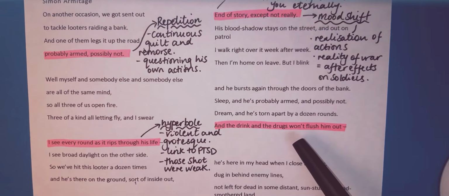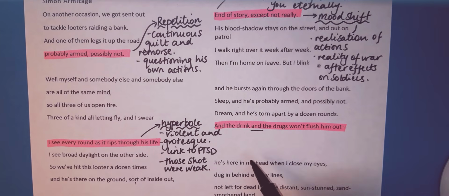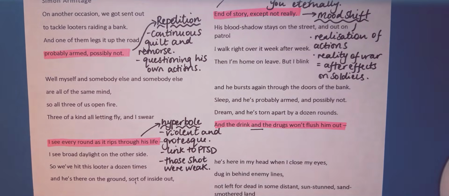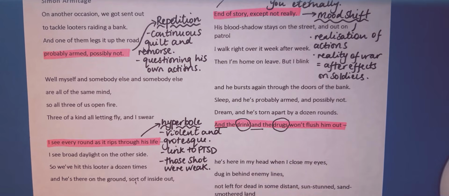Now, this quote illustrates that point very well. So it's how he's trying to deal with his emotions, what he's going through. And it says, "And the drink and the drugs won't flush him out." So there's repetition of "and." And also we see that there's drink and there's drugs in this quote.